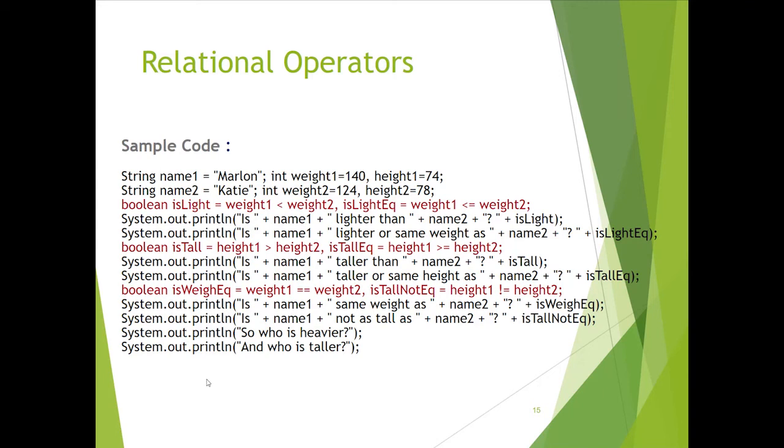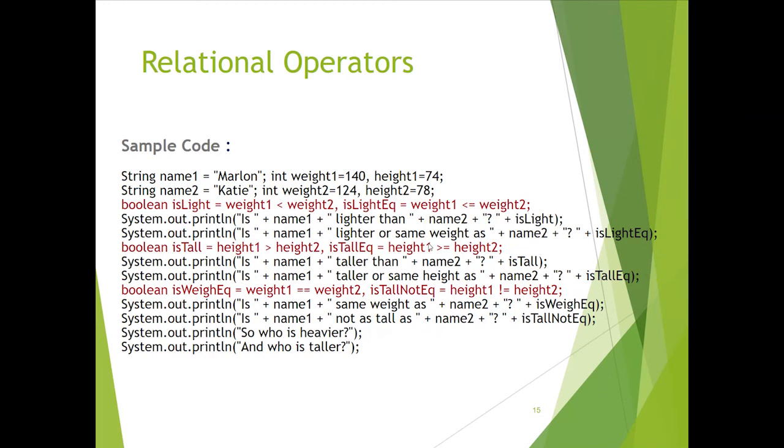So, okay. For the boolean is light variable, we have the condition weight 1 less than weight 2. Given the values, what is going to be the value of is light? Can you tell me? Sino ba dito? Ahmad. Ahmad Abdurrahim.